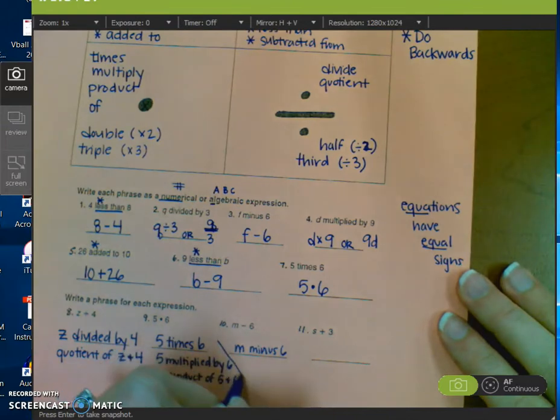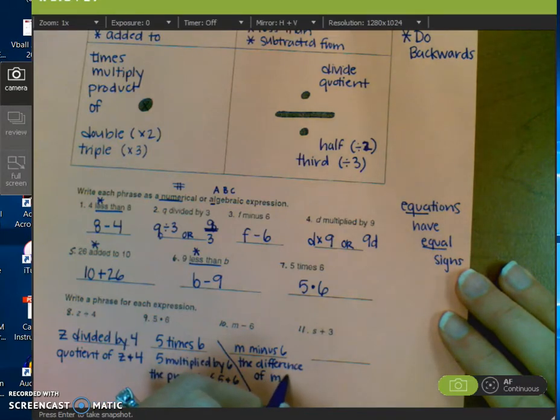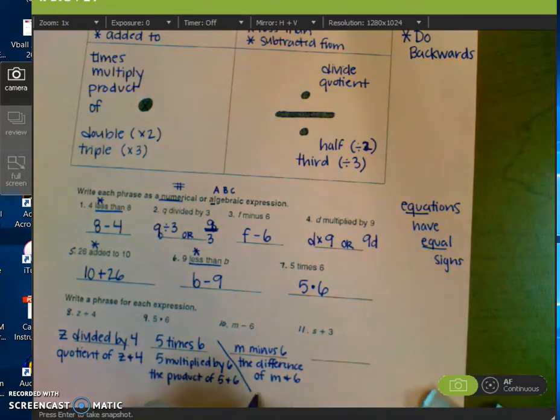So we could use the difference of m and 6. We could do m take away 6. We could do m decreased by 6. I'm not going to write that one.